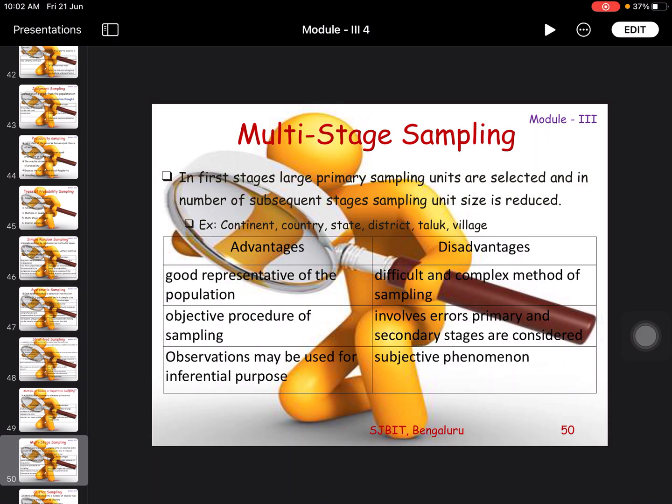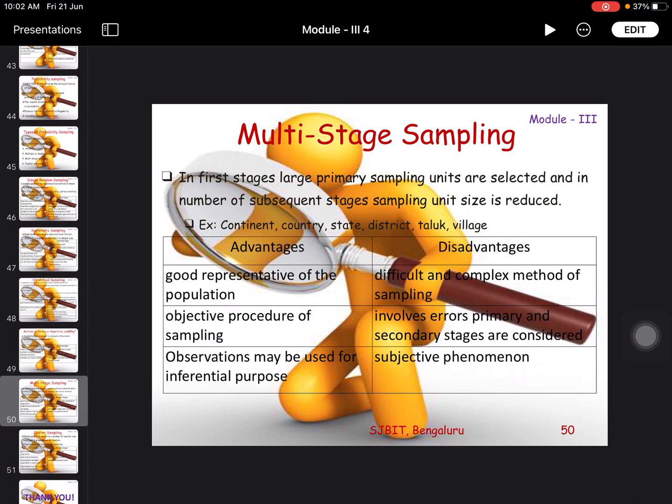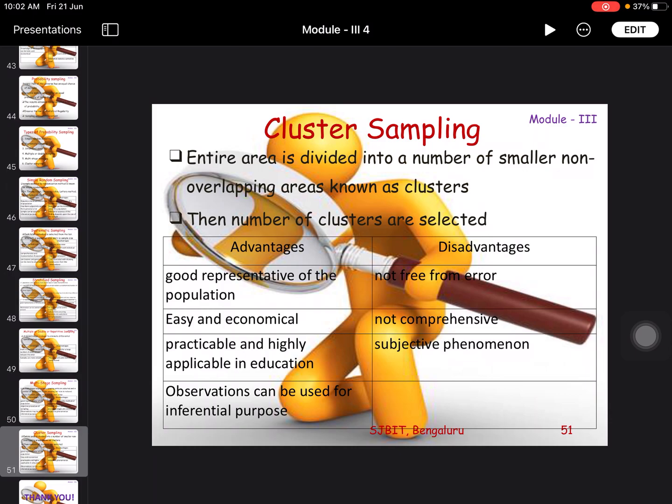A good representative of population data would be taken, and it is a complex method of sampling. It is very subjective to phenomena, and there are some secondary data obtained, so there could be some errors.